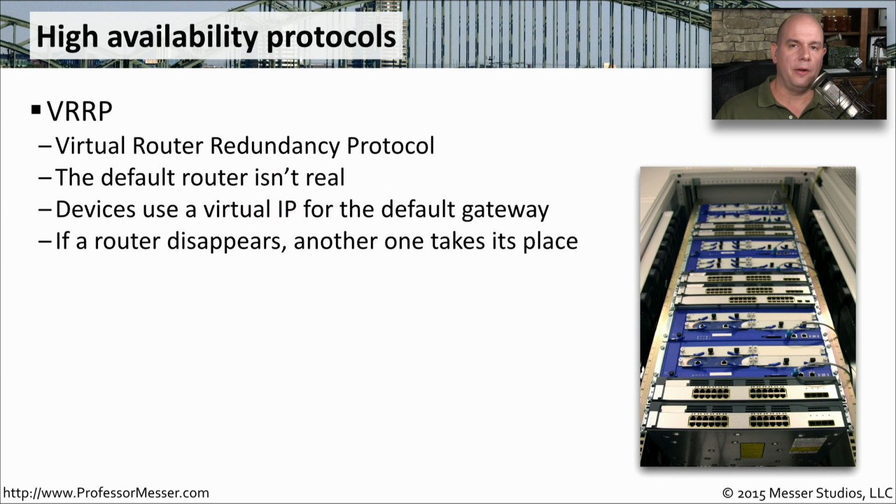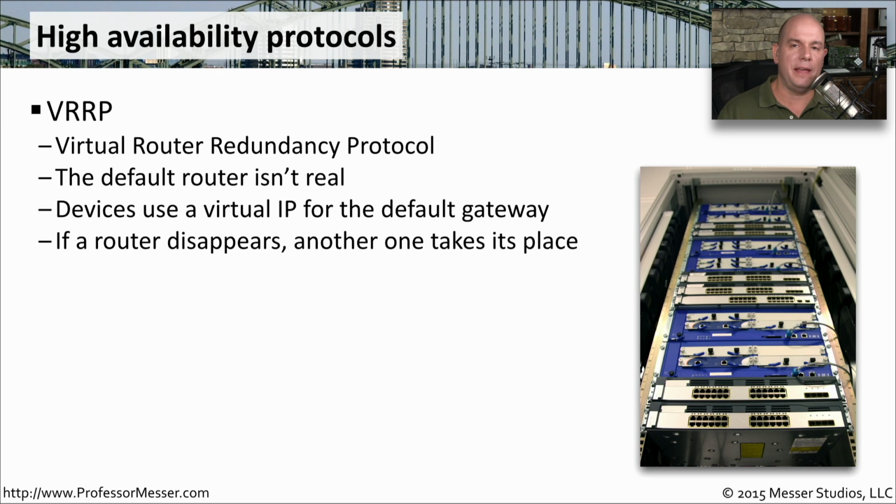If you're working with routers and you want to have a redundant routing system set up, you may want to use one of these high availability protocols inside of your router. One is VRRP. This stands for Virtual Router Redundancy Protocol. That means that we're going to have a virtual IP address that's used inside of our routers.